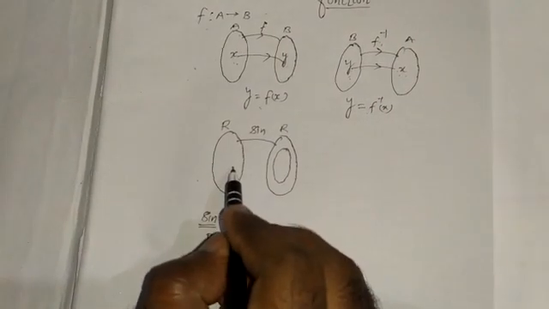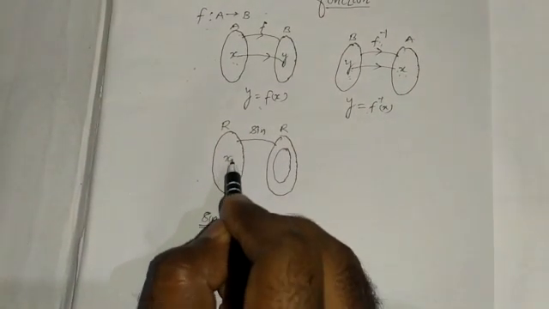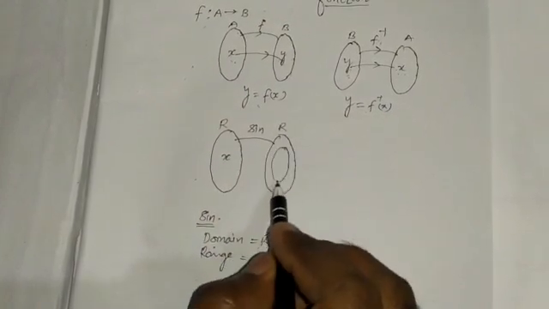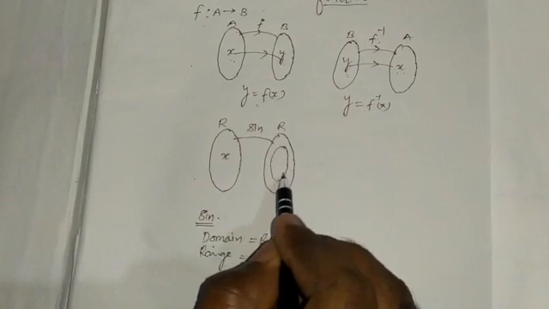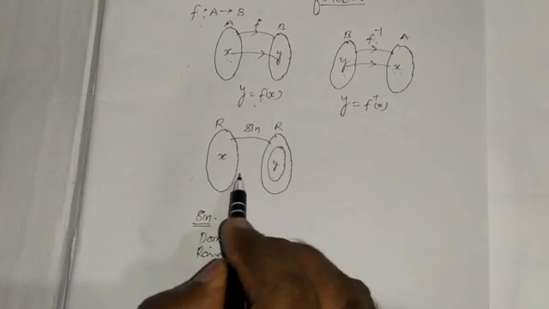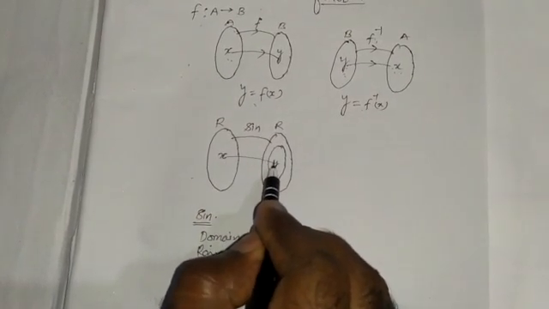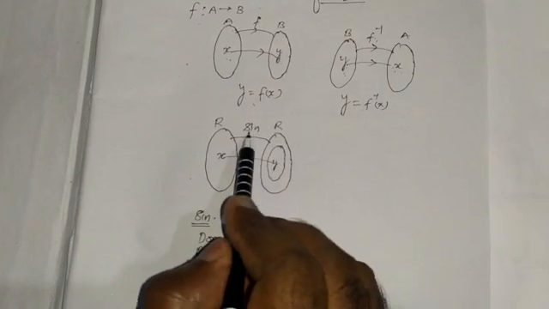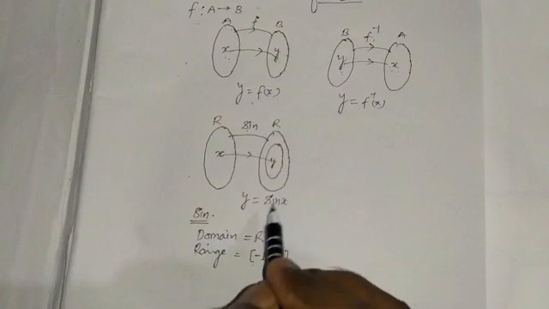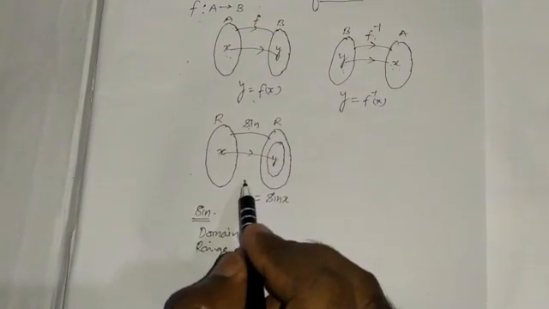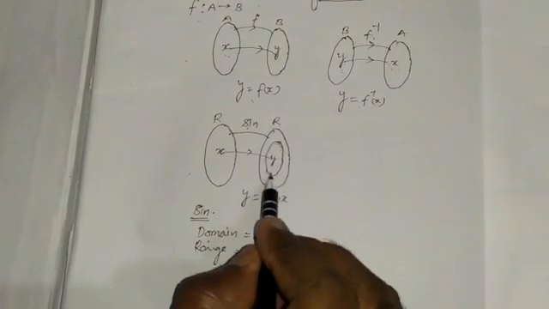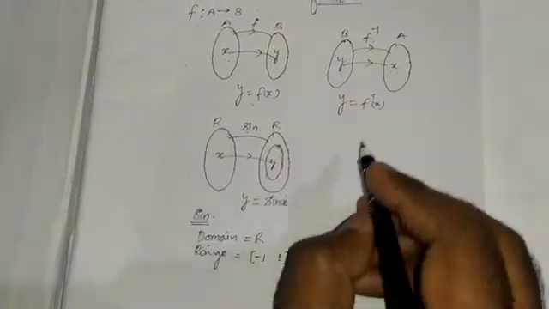Suppose any real number x is associated to an element of the codomain set, whose range set is this set under the sine function. Here the element will be y; x is related to y under the sine function, then you can write y equals sine x. For the inverse of the function, we have to write this as the domain and this as the range.